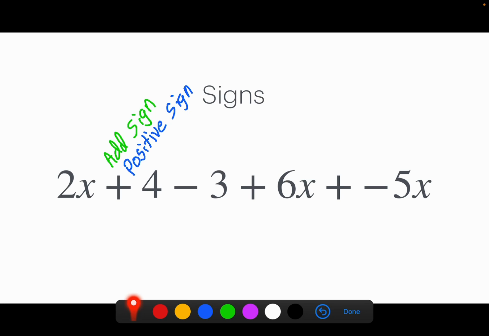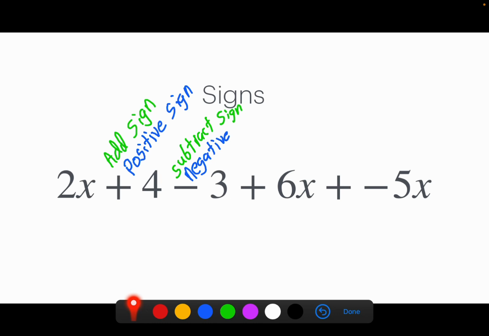Here, this negative sign is a subtraction sign, and it's also a negative sign. We know that it is a subtraction sign because it's telling us we need to subtract these two numbers. But it's also a negative sign because it's right to the left of this number. So in this case, this is both a subtract sign and a negative sign.